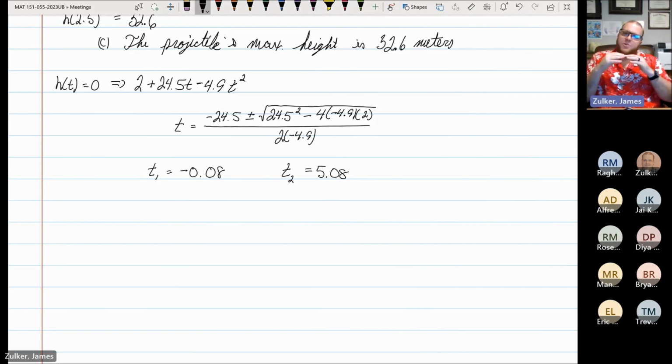The time of launch for the projectile would be t equals 0, right? So any time less than 0 represents time before our problem started. And general time is not negative.